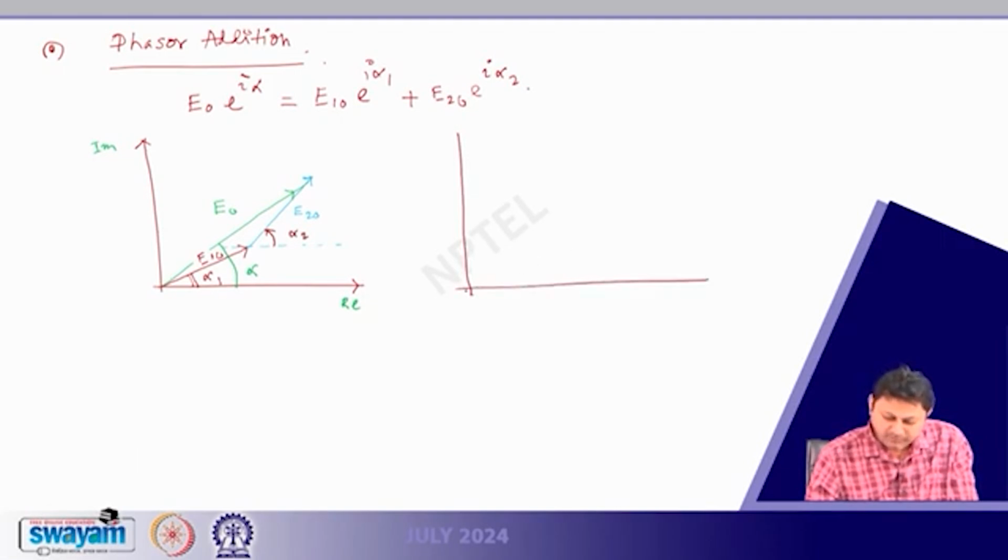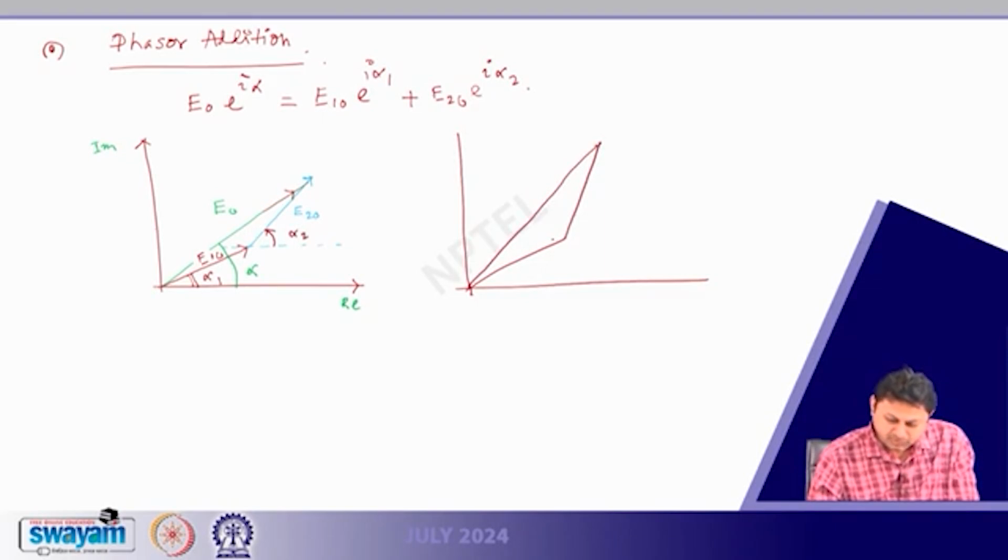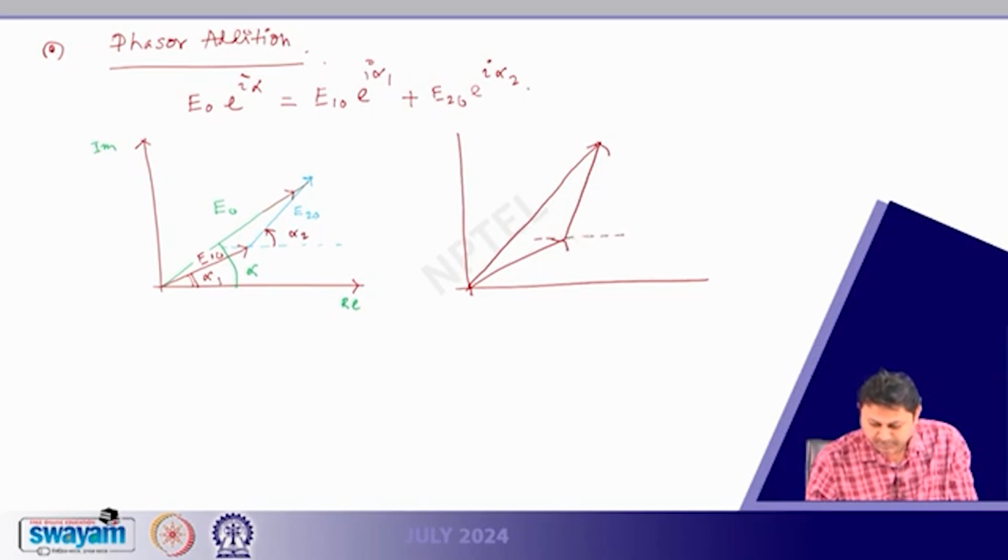We have one line here, another line here, and this is my resultant line. I have this structure. This angle is alpha 1, this angle is alpha 2, and this big angle is alpha.